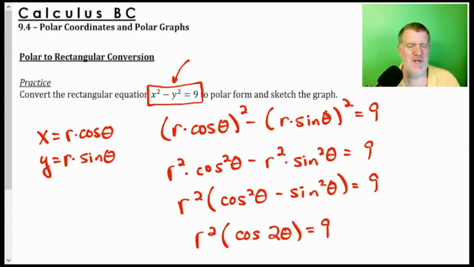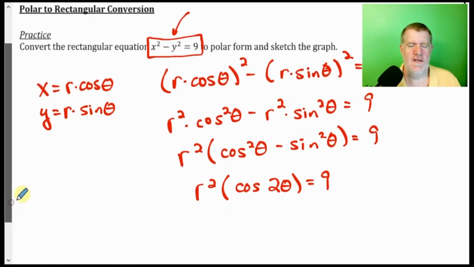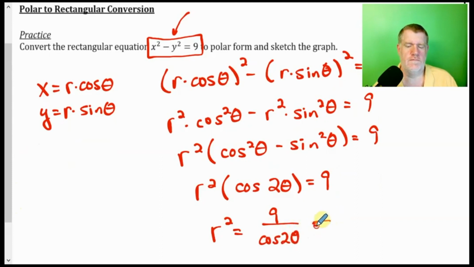Much nicer looking, don't you think? So I'm going to divide both sides by cosine of 2 theta, and then take the square root. So we end up with, if you take the square root of both sides, r equals 3 over the square root of cosine of 2 theta.